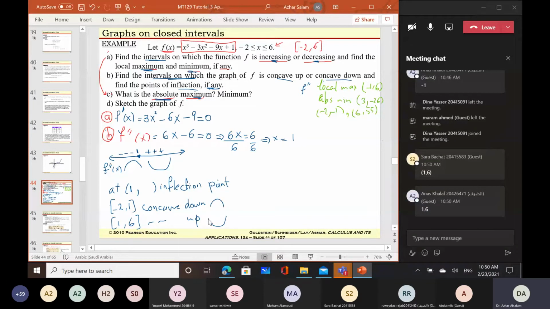What was at 6? Okay, at 6 I substitute into the original function. Here I find the y-coordinate from the original function. I substitute here with 1. It will be 1 minus 3 minus 9 plus 1.